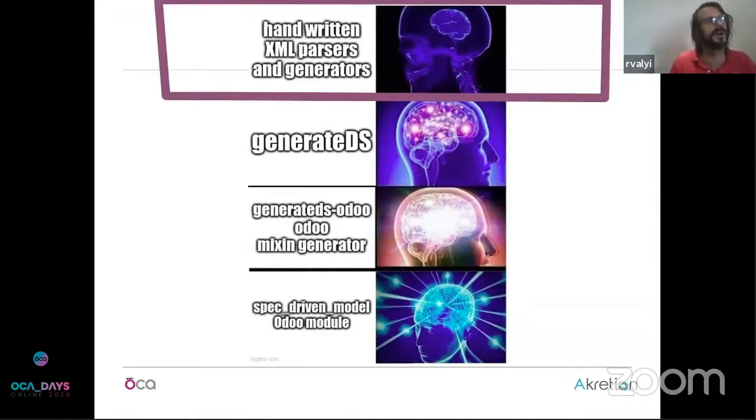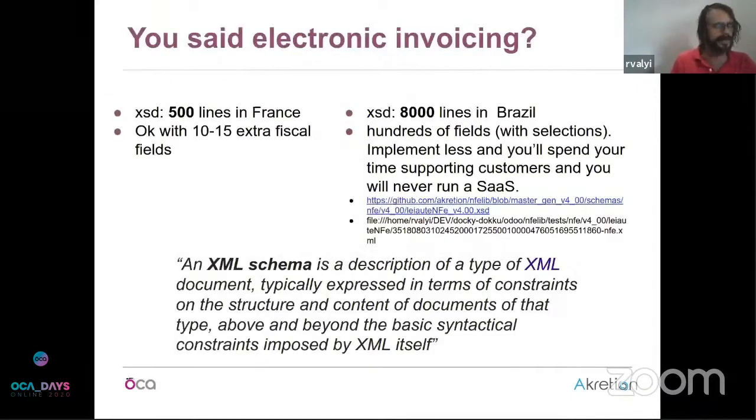Okay, so first about the first level, the handwritten XML parsers and generators. What everybody does. Generally, the most common use case for that is electronic invoicing. In most countries, you can do electronic invoicing, and you don't need the tool I'm presenting here.